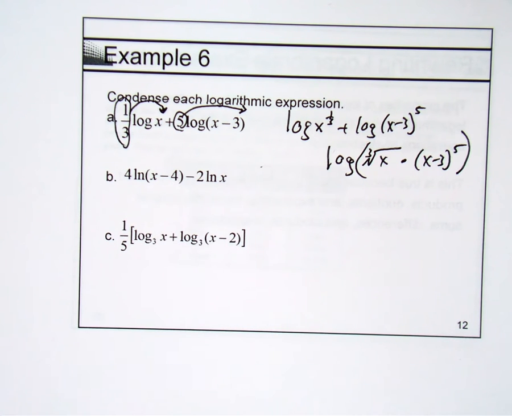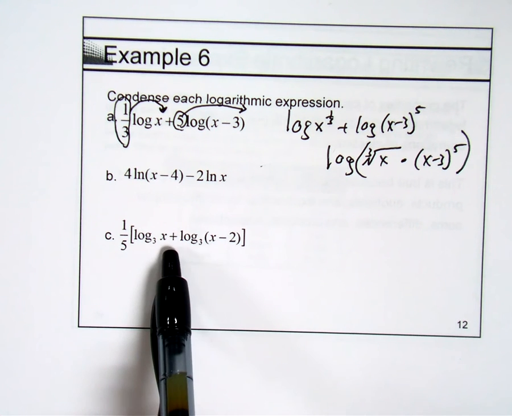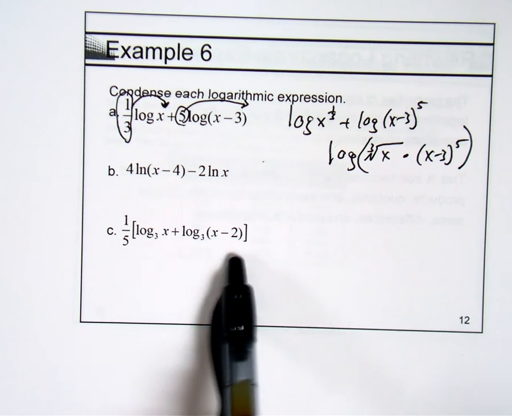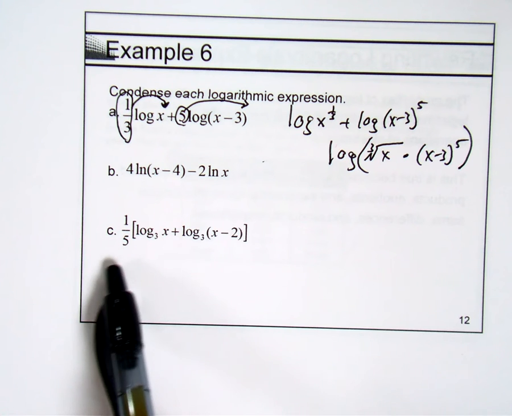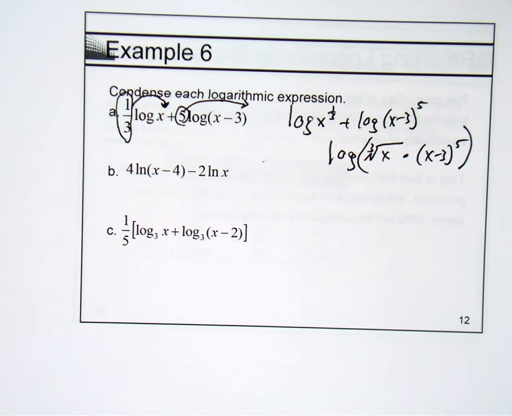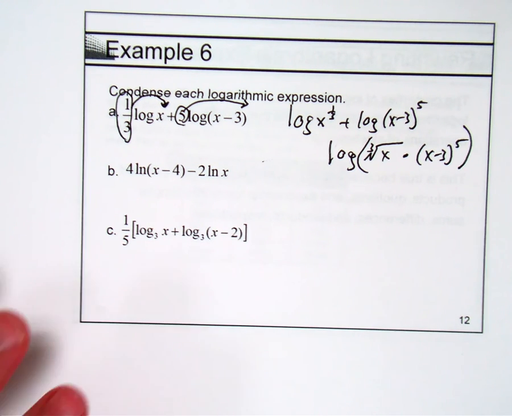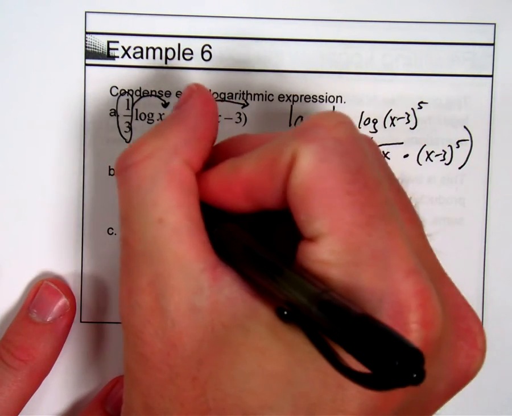We got subtraction. We got multipliers out in the front to take care of. Got addition here with a multiplier in front for the whole thing. Okay, let's see here.